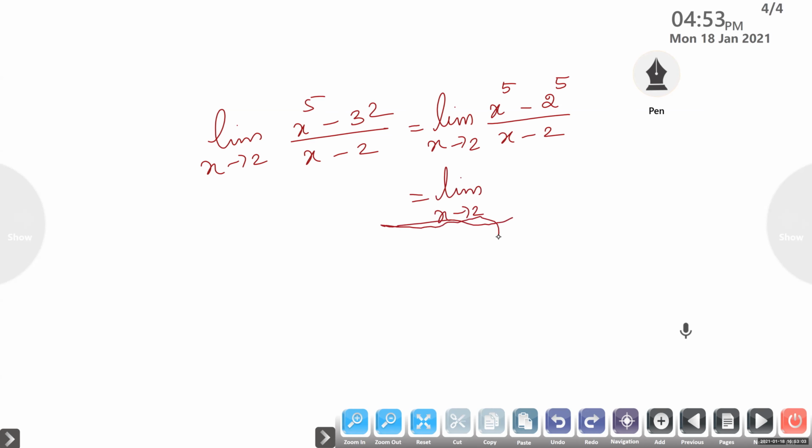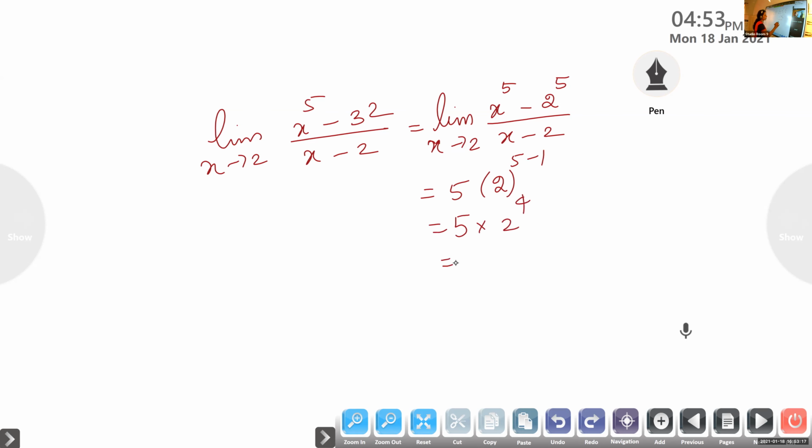No limit here, isn't it? No need. So just apply the formula. It is of the form x raised to n minus a raised to n. So 5 into 2 raised to 5 minus 1. So 5 into 2 raised to 4, isn't it? So 5 into 16, which is same as 80, which is 80.